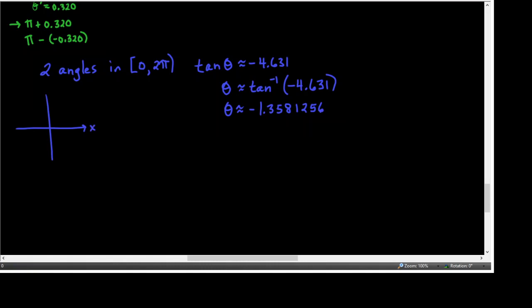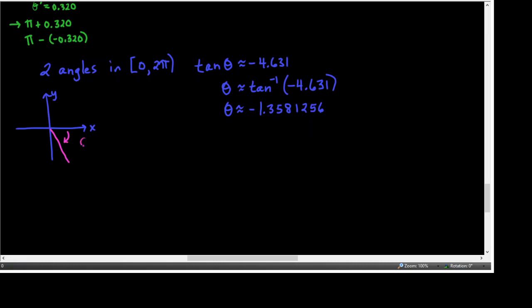So we're going to have to think about, when we draw this, the terminal side is negative 1.35. I know that half of pi is negative 1.57, so it's not that far, but it's kind of close to that. So I'm going to say it's right there. That is the negative angle.